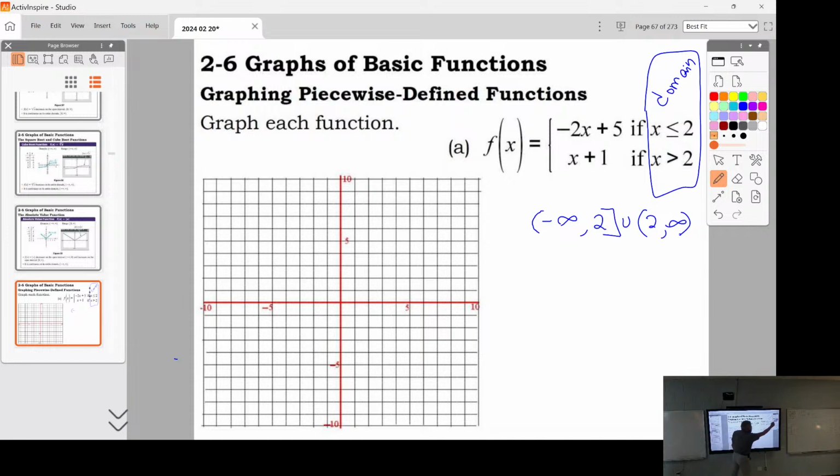Can you see that right here, that 2 is included? Does that make sense? 2 is included. It doesn't have to be included in both, but because 2 is included in one, 2 is included in the entire function. So if I combine these, the domain for this entire function is negative infinity to infinity.